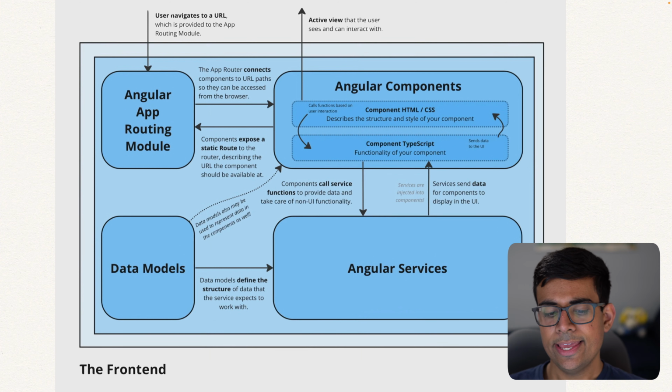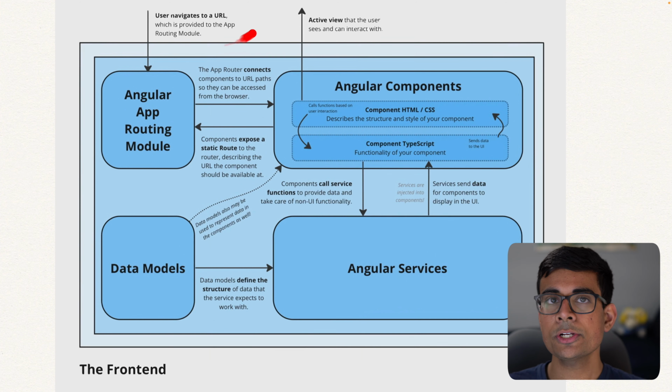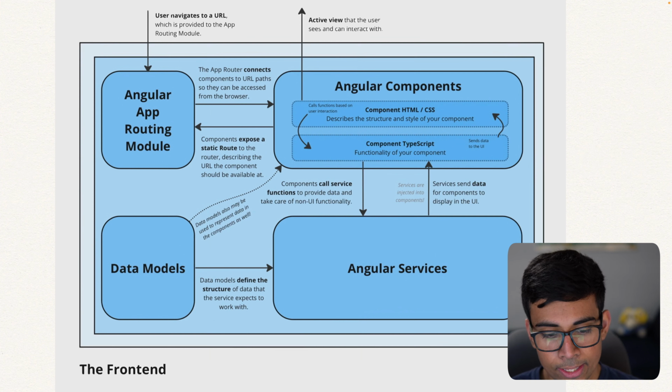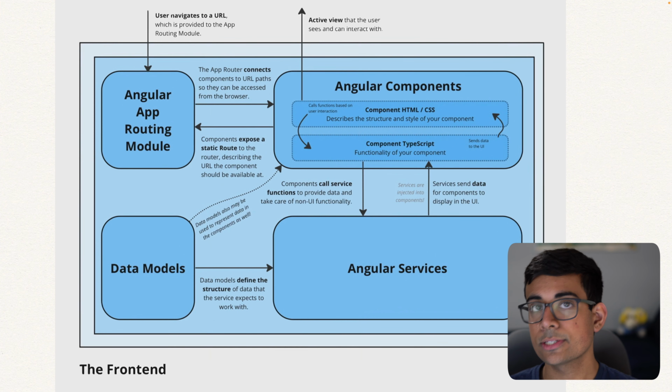And what you'll notice is that, again, we have the user up here, and the user provides a URL into what is known as the app routing module. And we covered this in part 1 if you're interested in getting a bit of a recap. But based off of the URL that the user provides, the app routing module then shows the correct component, right?